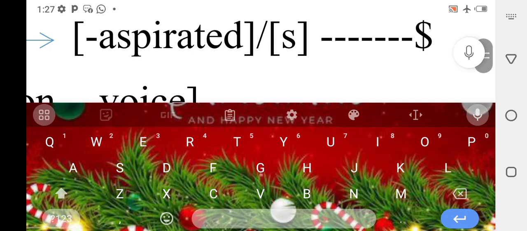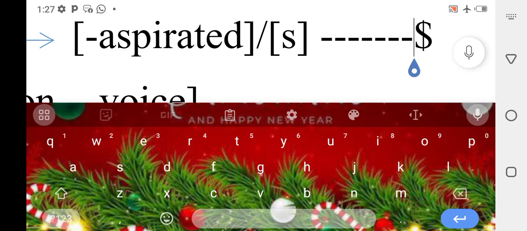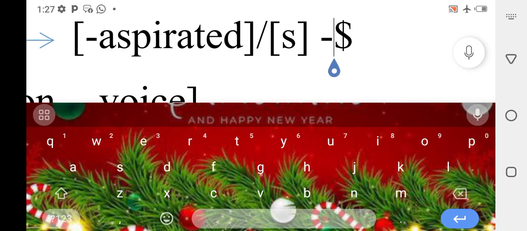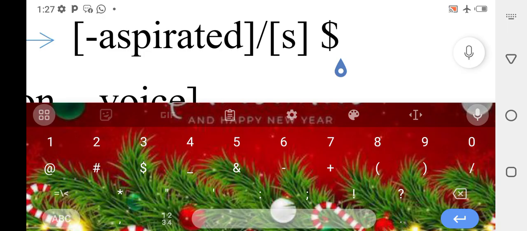So you know it is at the beginning of a syllable. When we leave the dashes and then have the dollar sign, we are saying it is at the end of a syllable. But that is not so. It should be the dollar sign followed by the dashes, that shows the syllable initial position.